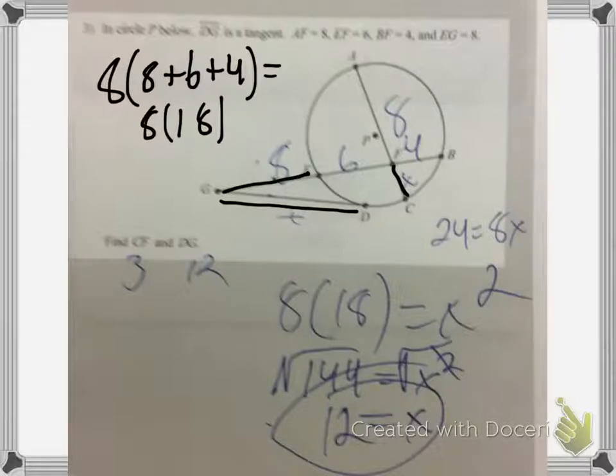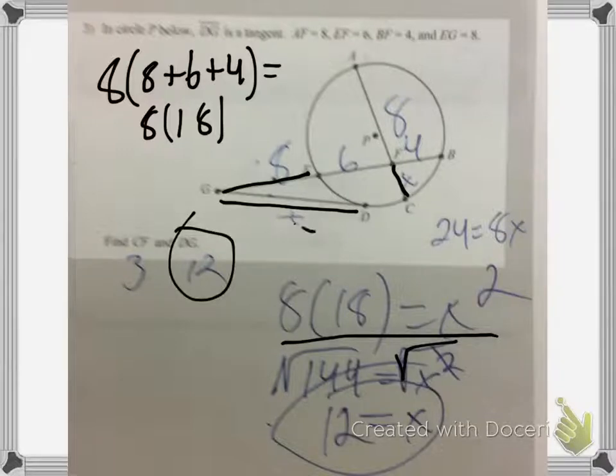And so then I come down here, and I know this side is X times the whole thing, so it'll be X times X, because the whole line's still X, so that'll be X squared. 18 times 8 is 144. Take the square root. The opposite of squared would be 12. So DG is 12.